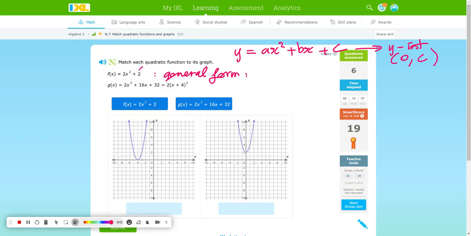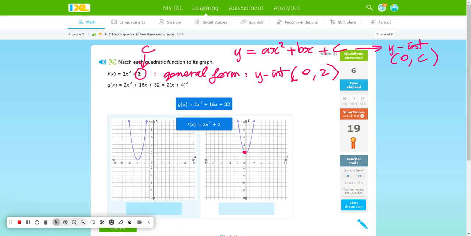So you can see over here, the c equals 2. So the y-intercept has to be at 0, 2. Here we go. 0, 2 is right there. So I can match this with this.